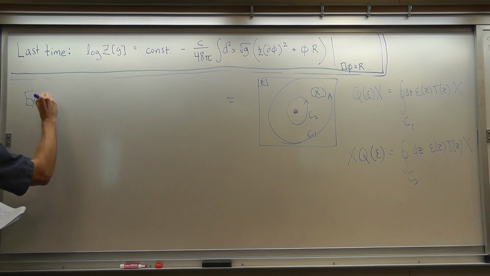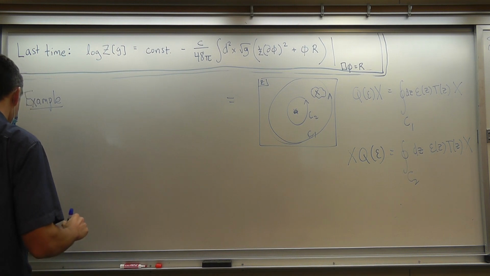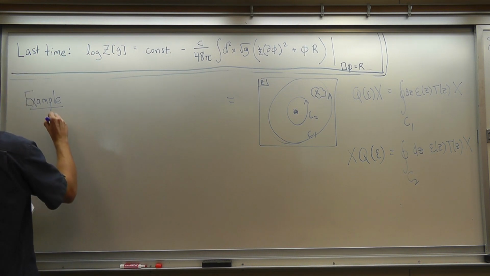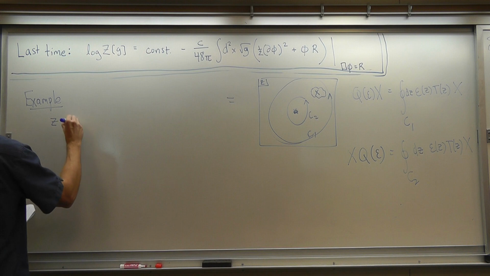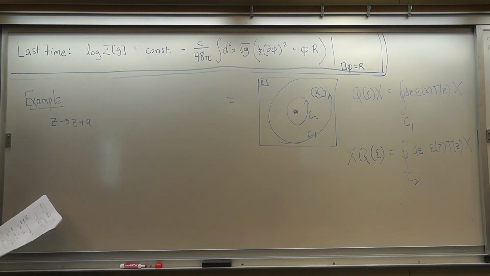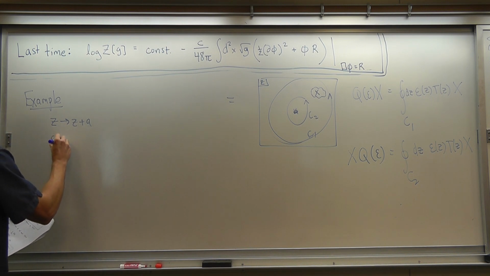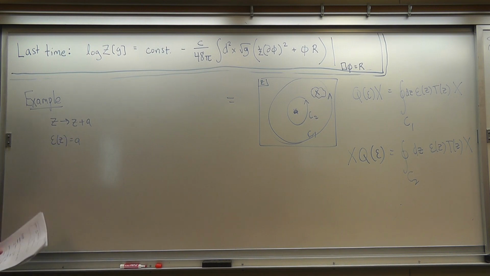Okay, so here's an example. z goes to z plus a. That's a conformal transformation. This is translation, but it's also a conformal transformation with epsilon of z equal to the constant a.